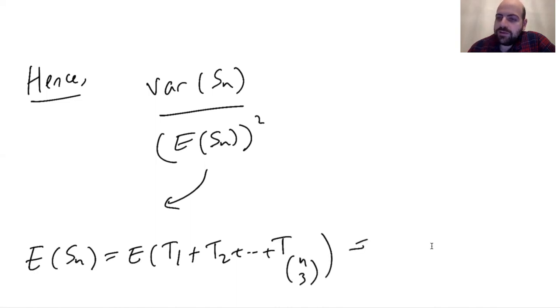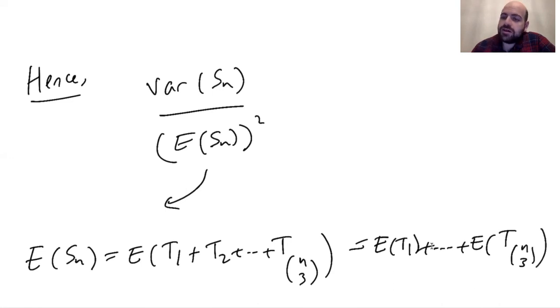And expected value is a linear function, so I can write it as expected value T1 plus expected value T2 and so on. Now for each expected value Ti, remember each Ti is either 0 or 1. So 0 times something does not contribute.